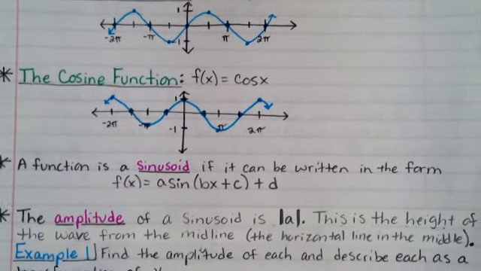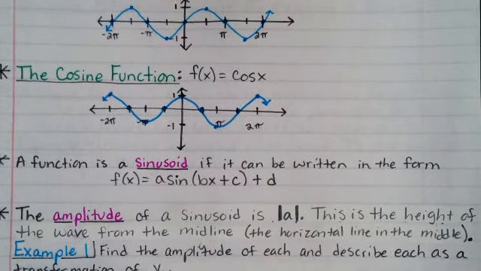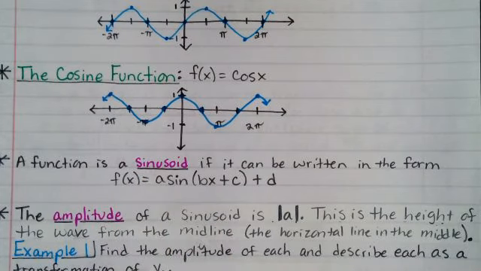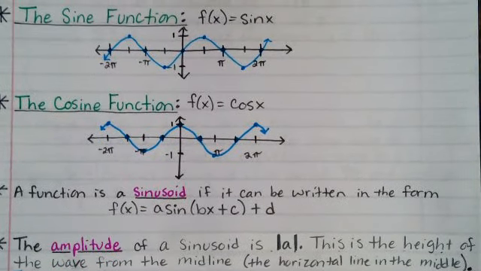Now, we're going to go on to this term called a sinusoid. I've heard people say it both ways. That is when you talk about having a graph that can be written as a sine function. We talked briefly in our last lesson on the printed page about how the sine and cosine function look so incredibly similar.